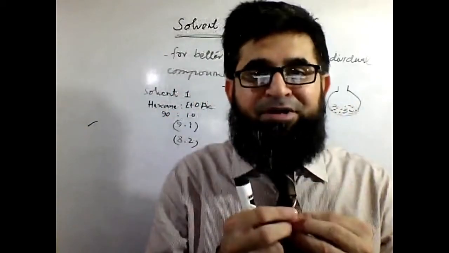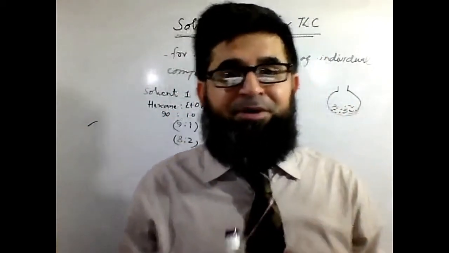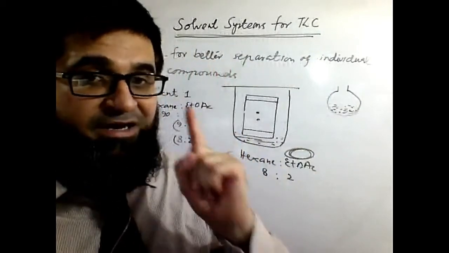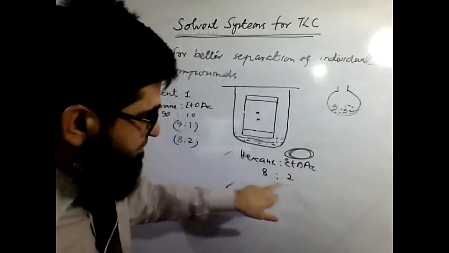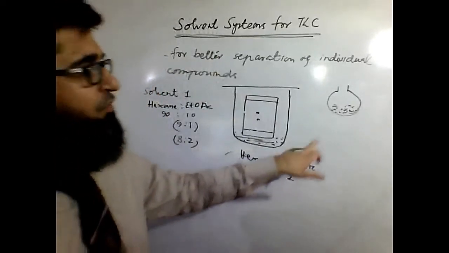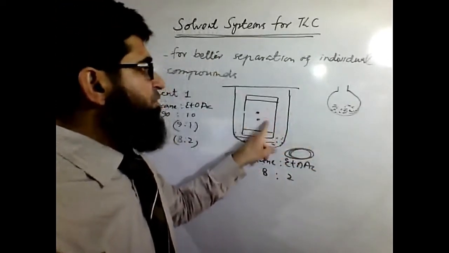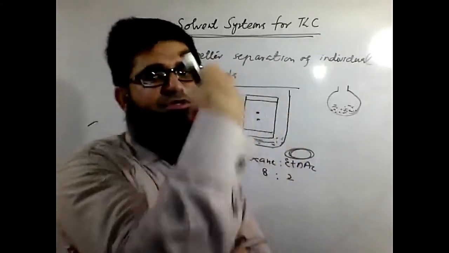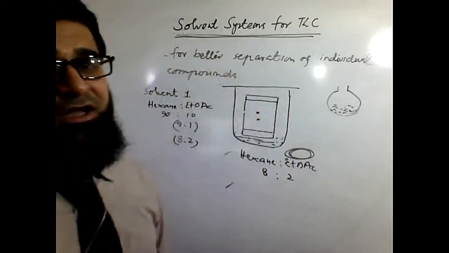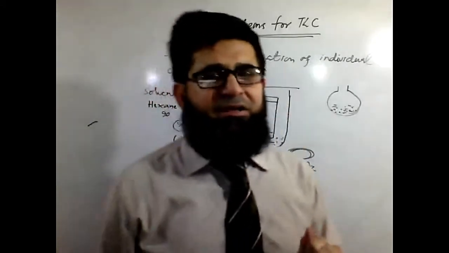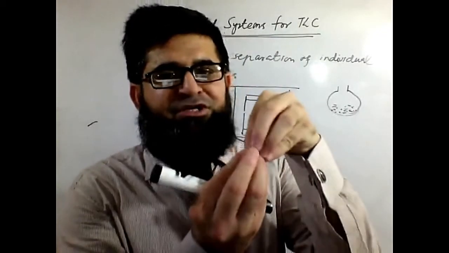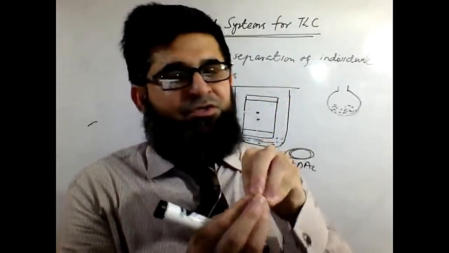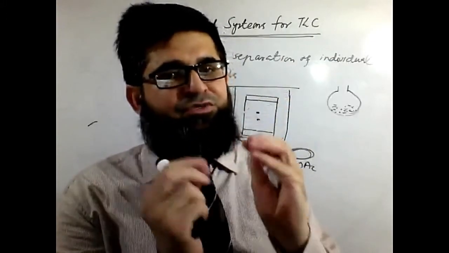How that could be done, how they can be separated from each other, has to be decided by the TLC. The TLC system suggests how we can separate them out. Let's say if we use simply hexane, as I did at the start, the two components were merging, so they can't be separated using simple hexane.